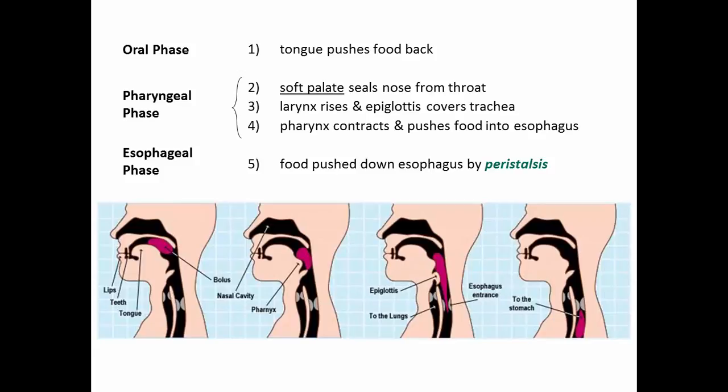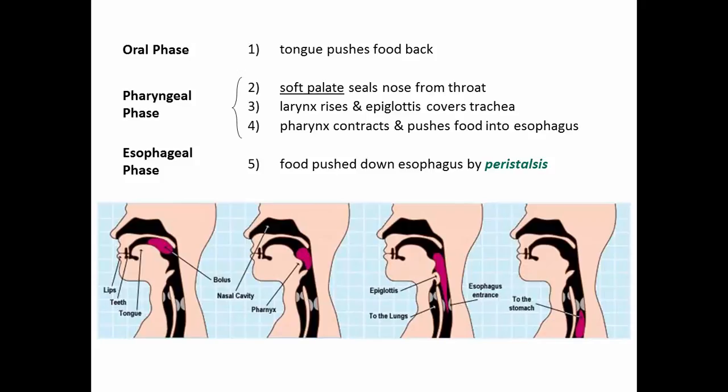The second phase is called the pharyngeal phase, and this is where the soft palate, which, remember, is the back part of the roof of our mouth, seals the nose from the throat. So again, when we swallow, food doesn't go back up into our nasal cavity. And then our larynx rises and the epiglottis covers the trachea, and we talked about that already with the respiratory system.